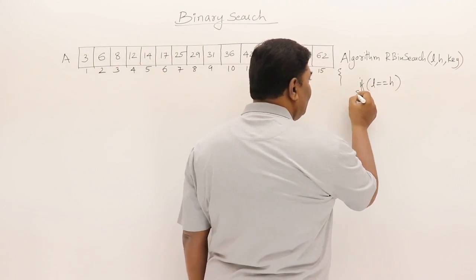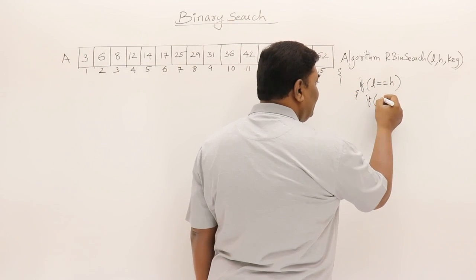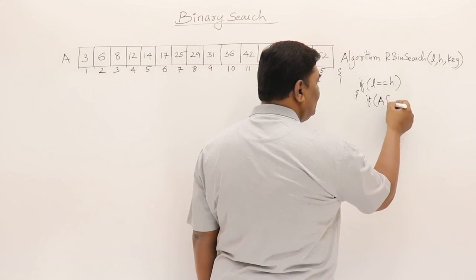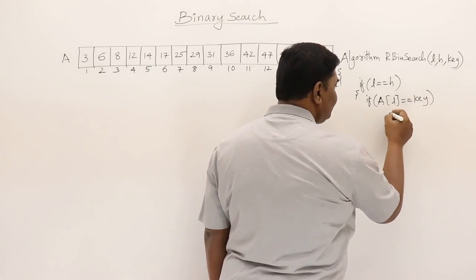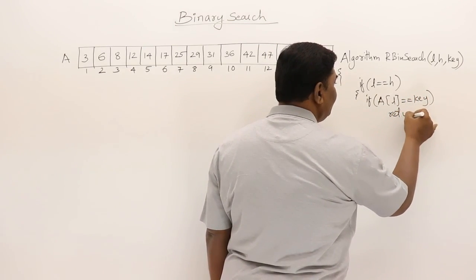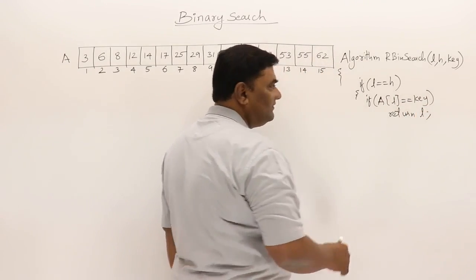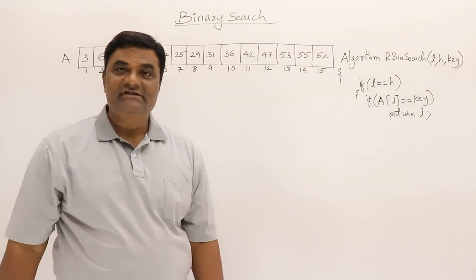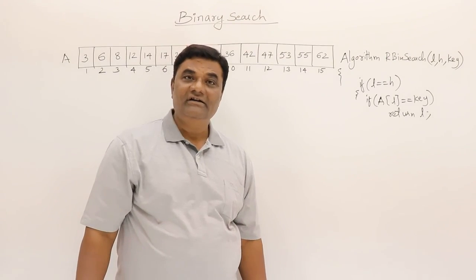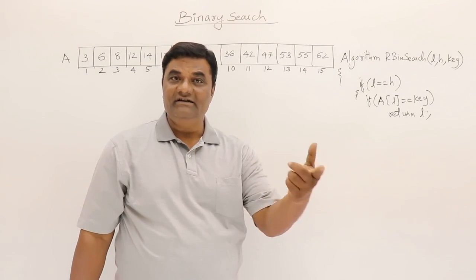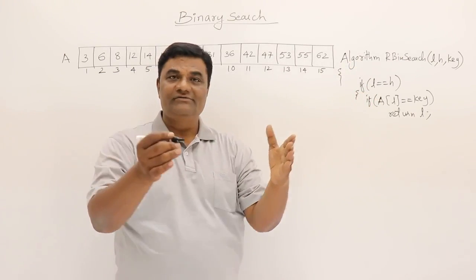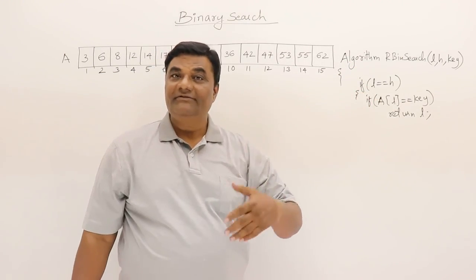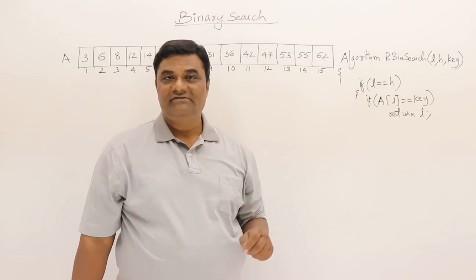Then what do I do? I check if A of low is equal to key. If it is the key, then return that index L. So if there is a single element, that is, low and high are equal, then check if that is the key element. If it is large, we reduce it to one element, and if that one element is the key, then the search is successful.